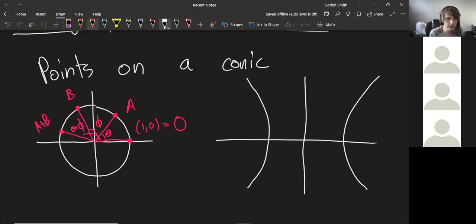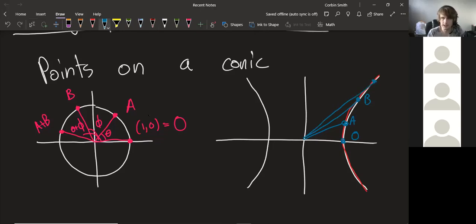Well, if we restrict ourselves to this half of the hyperbola, then we actually can define a group. Where again, we define this to be our 0, this to be A, this to be B. But it's not going to be adding Euclidean angles the way that we would do it.